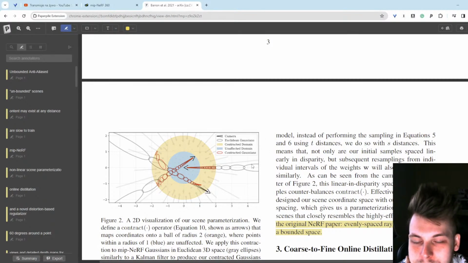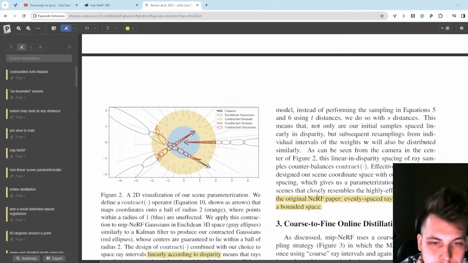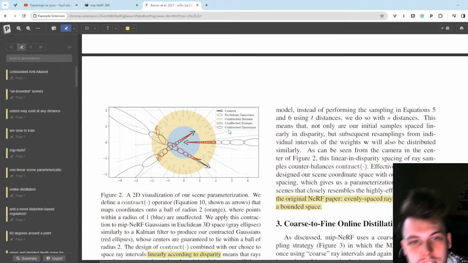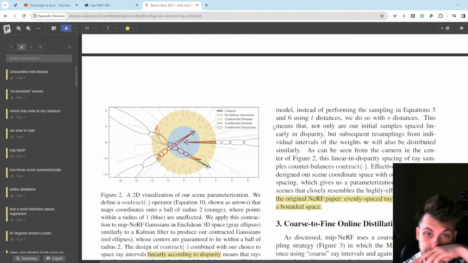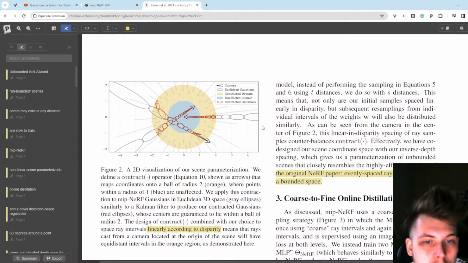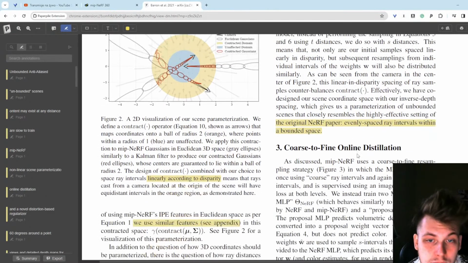In a practical sense, we can put in any kind of input we want, but it will still be fitted in this space. This allows us to model just the points in the ball, so the NeRF doesn't need infinite capacity to model anything outside the bounded region, even though we can input anything. So that's a very smart thing. I like that a lot.